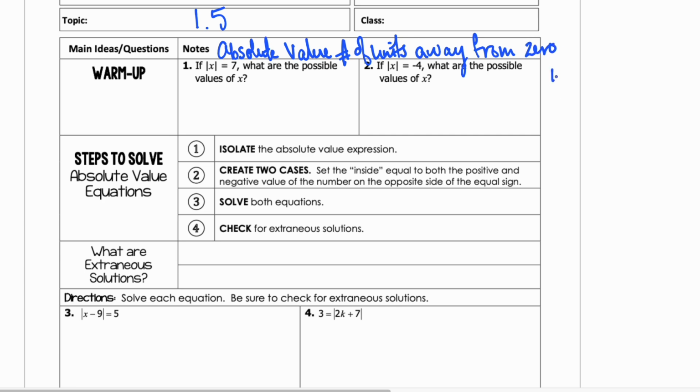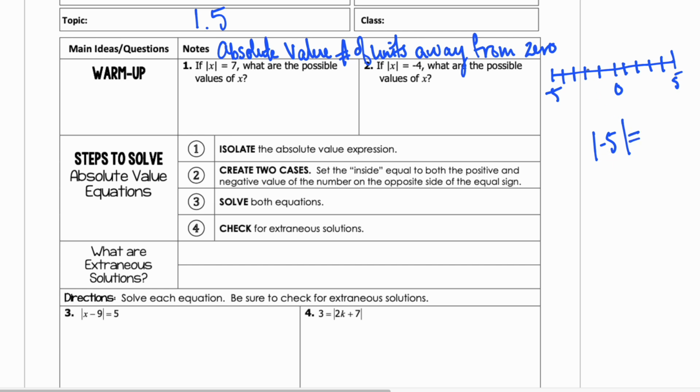Okay, so just a quick example, if we have a number line here and we have zero in the middle, let's say this is -1, -2, -3, -4, -5. And this is +1, 2, 3, 4, and 5. Okay, so if I say, what is the absolute value, and this is what these lines here are, what is the absolute value of -5?